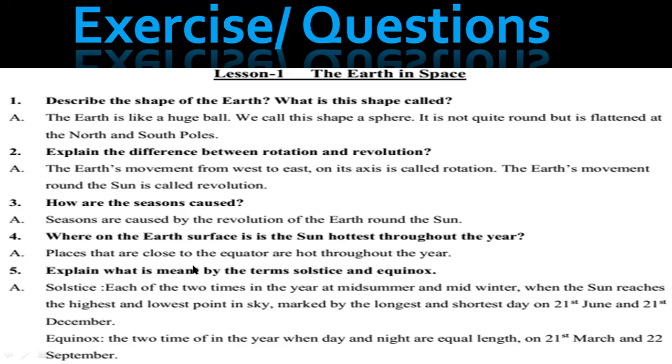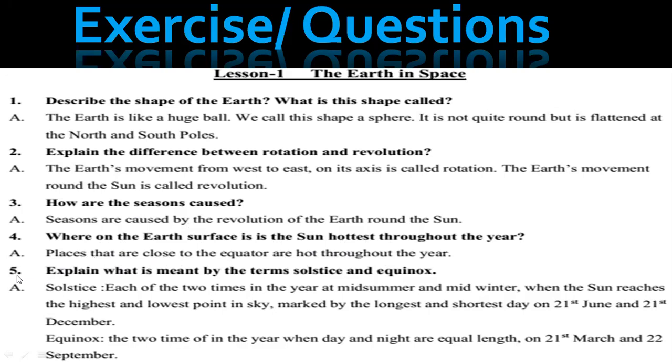Places that are close to the equator are hot throughout the year, like Middle East, Southeast Asia, Africa. These sort of places are on the equator. Their climates are very hot throughout the year.